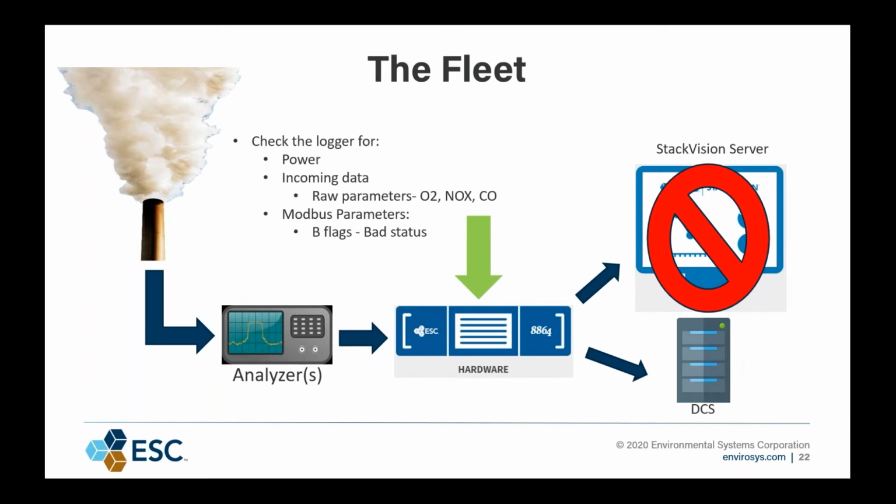And when going out to the logger, you're going to want to check your raw values, such as your O2 and raw pollutants, to make sure that they're all fluctuating as usual. If your data logger seems to be off after touching the screen, that's not turning on, you may have an emergency that will require an RMA.